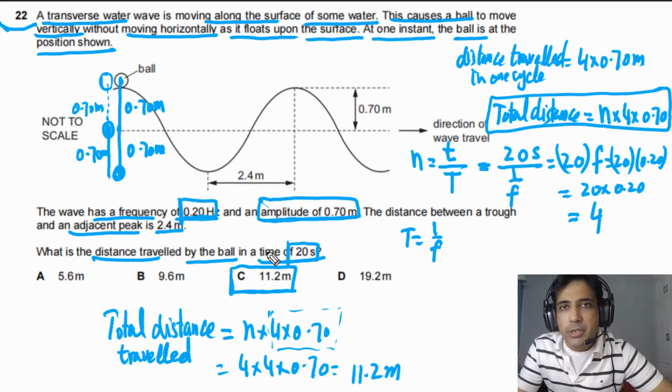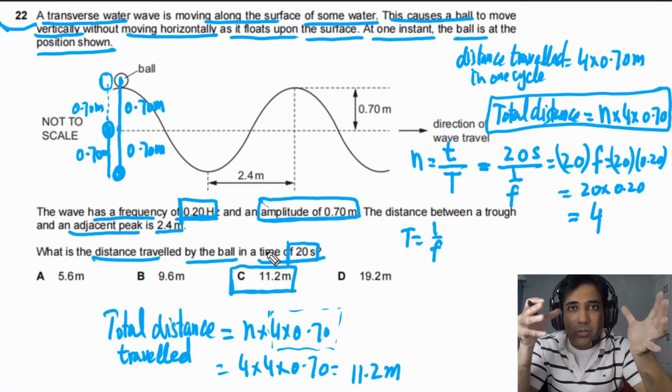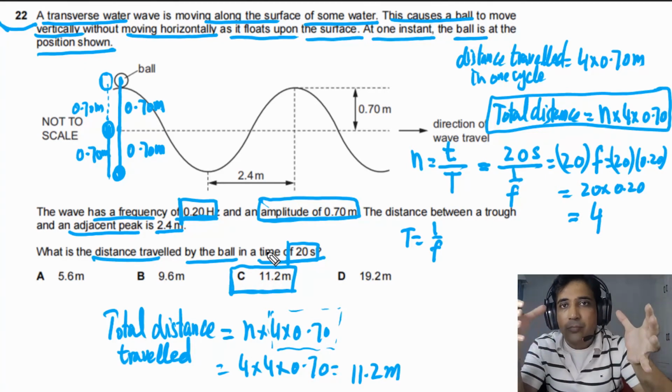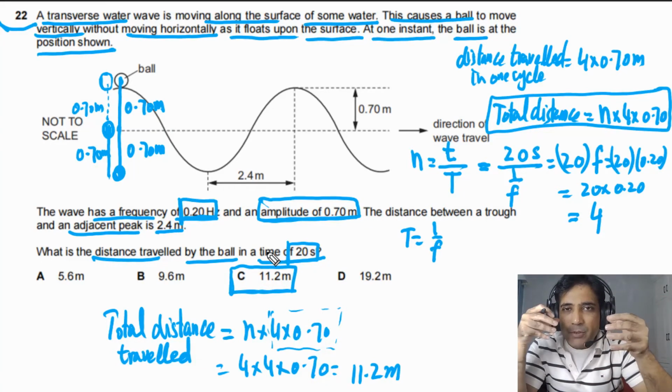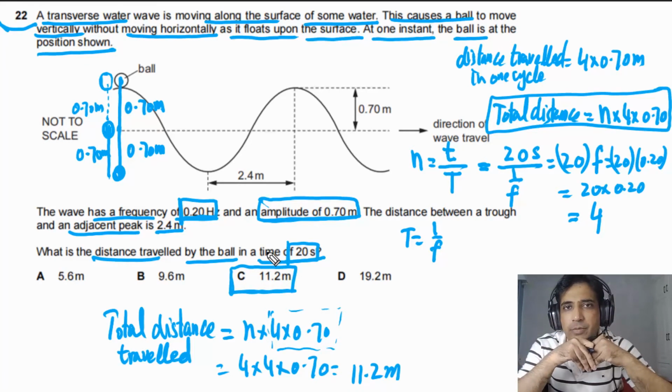This is how you can approach this problem. Try to understand the concept, not just this question. The concept is your takeaway. If you just understand how to do this problem, but you don't improve your conceptual understanding, there is no use of this question.